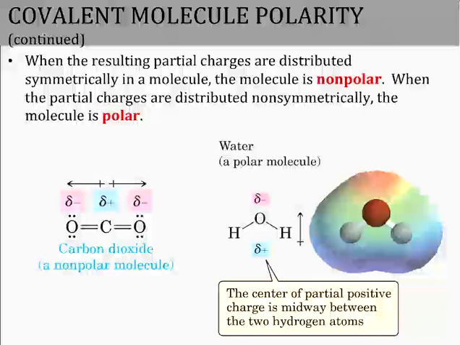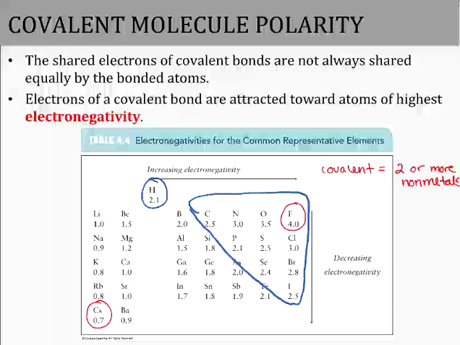So carbon has an electronegativity value of 2.5, and oxygen has an electronegativity value of 3.5. So that's a difference of 1. And if we look at our chart on this slide, 1 falls in the range of a polar bond.